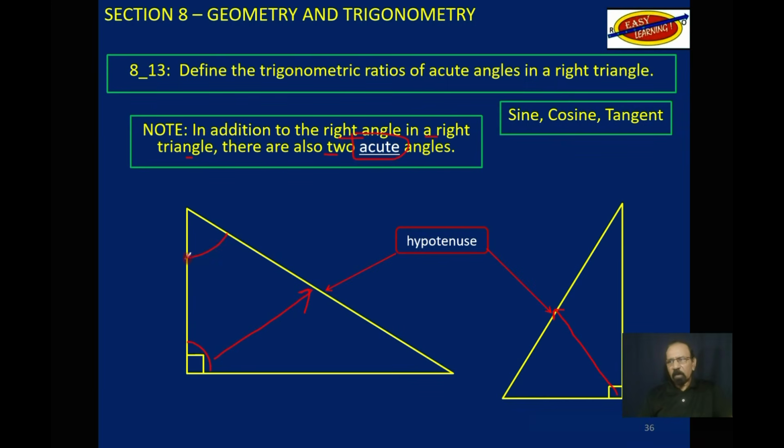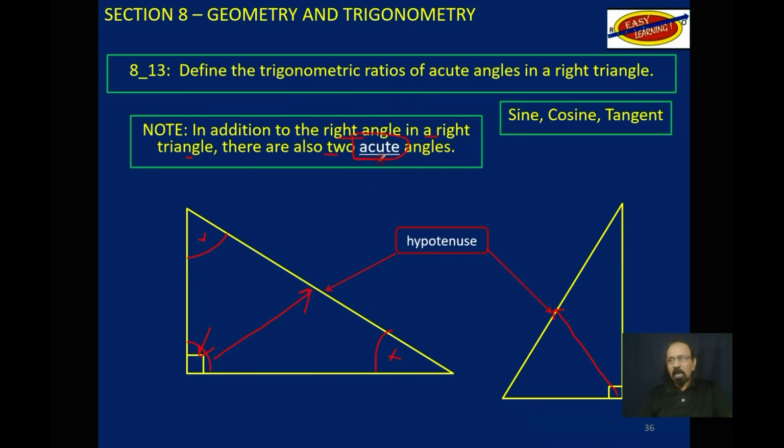These two angles here, that one and that one, they must be acute because their sum is 90. If this one is 90, and the sum of all the angles in a triangle is 180, then those two together must be 90. So each one must be less than 90.